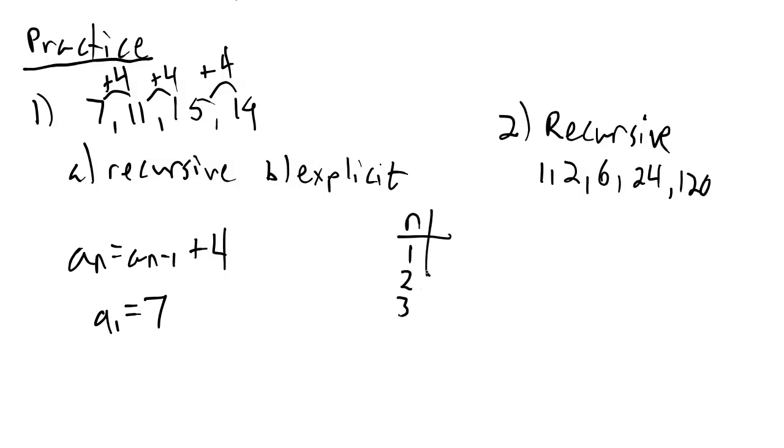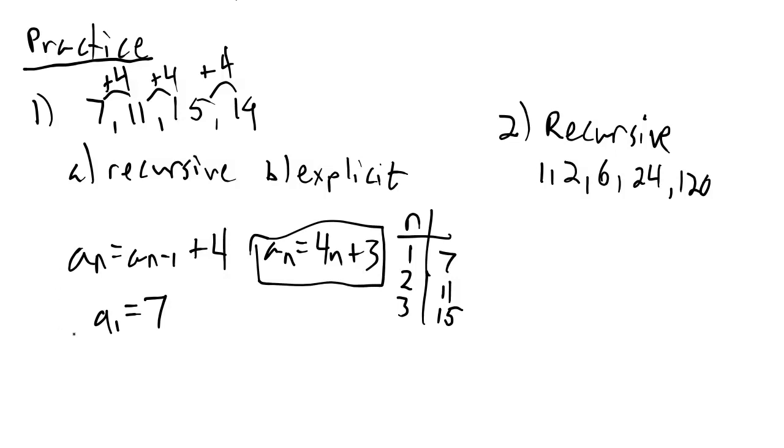We have 1, 2, and 3, and then we have 7, 11, and 15. So what are we doing? Once again, we're adding 4, so we know that a sub n is equal to 4n, and then what are we doing? Well, 4n, right? How do we get 7? We have to add 3. So our explicit form is that, and our recursive form looks like that.